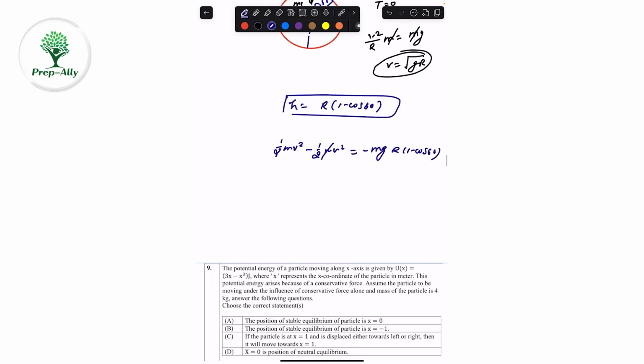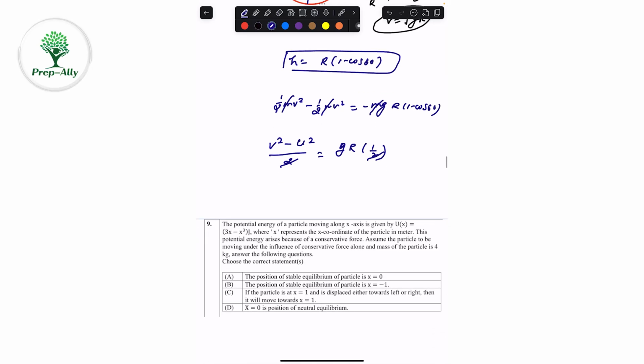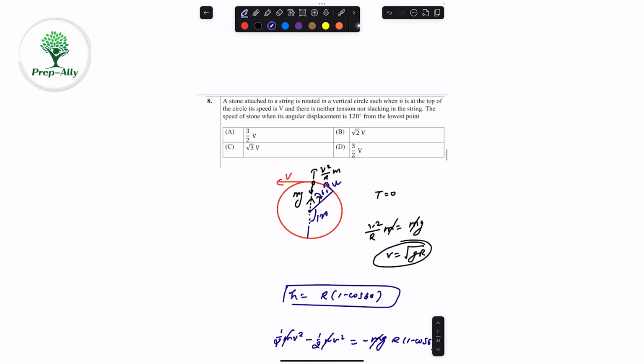So from here m gone, I'll have u square subtracted from v square by 2 is equal to g into r, and then 1 minus cos of 60, which is 1 minus 1 by 2, which is 1 by 2 only, and then 2 and 2 gone, we will have v square plus gr is equal to u square, and v square itself is equal to gr. So we got gr plus gr, which is 2gr, and then root of it is equal to u.